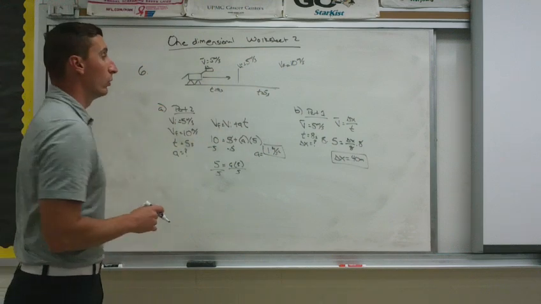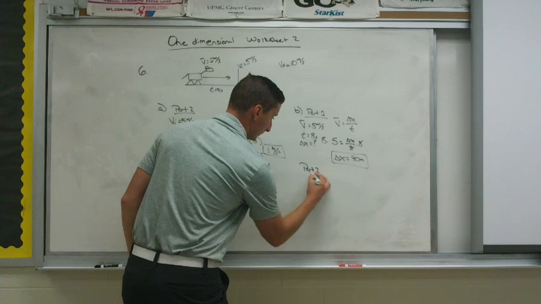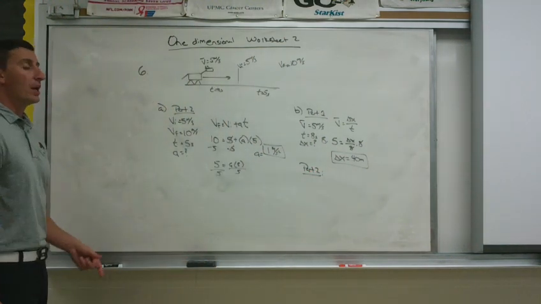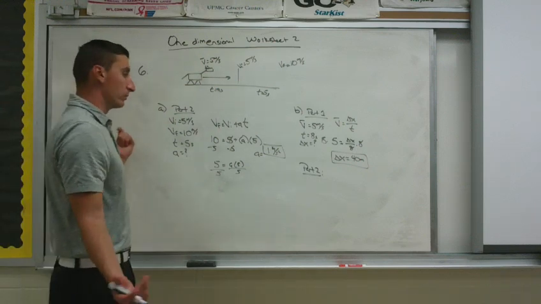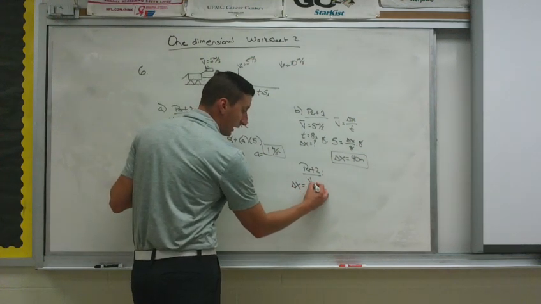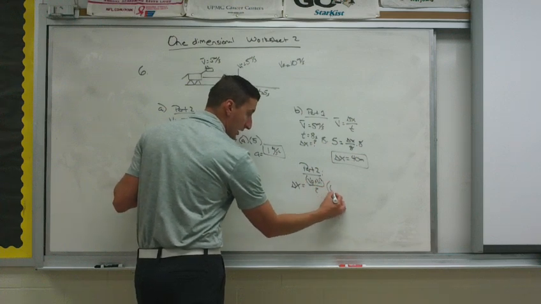Okay? So we have to find part 2. We've already listed the variables for part 2 here. Now all we have to do is find delta x. So if I just use any equation here, I can go delta x equals Vf plus Vi over 2 times t.